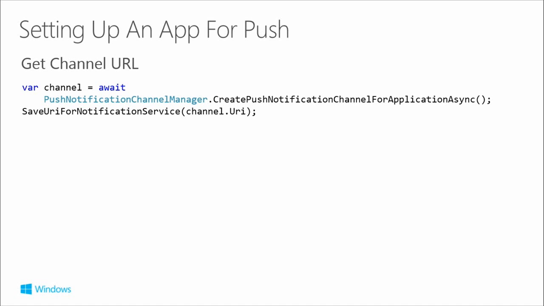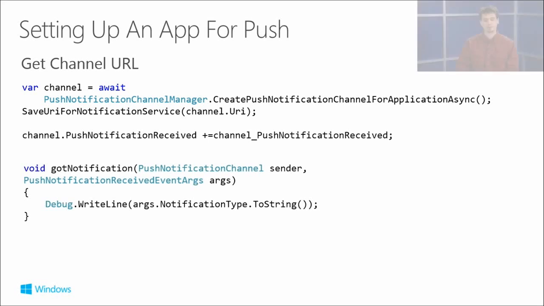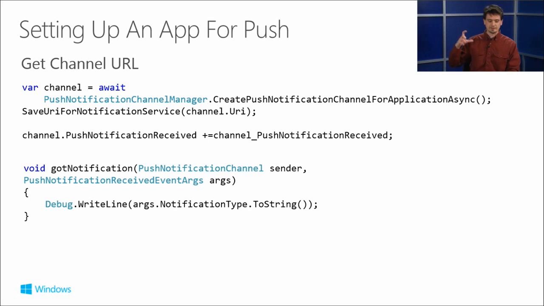This is just a sample method for saving that notification to our own personal service. Then we can listen for when we've got a push notification, and this is how we would listen for that notification inside of the foreground of our application.